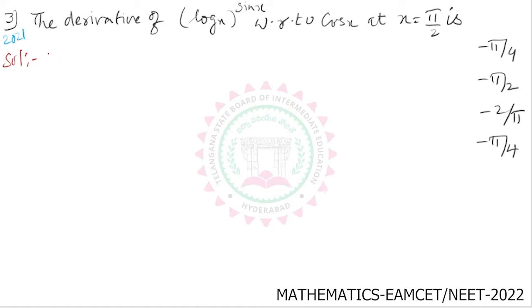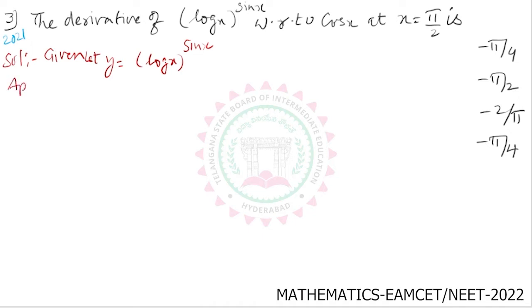Now given, let y is equal to log x whole power of sin x. So we know that whenever it is given in terms of power, what we will do? We will apply the logarithm and simplify the question.